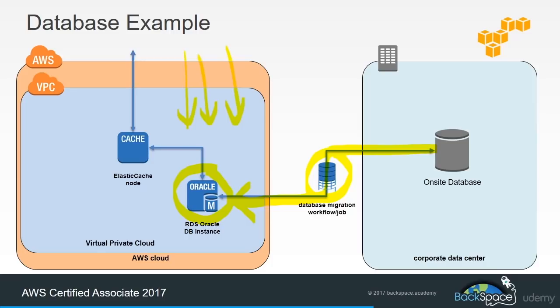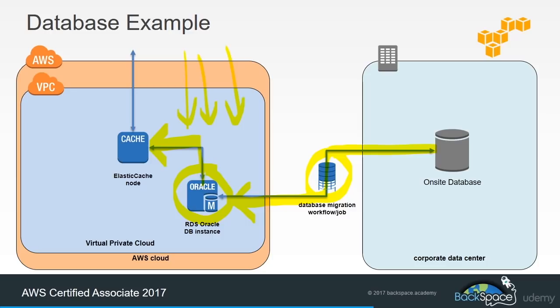So the best way to manage these spikes in demand, especially when there's spikes in demand from regularly accessed data, is to use ElastiCache. ElastiCache will get frequently accessed data from the RDS instance, and it will store it in its cache. So then those requests that come in will hit the cache.